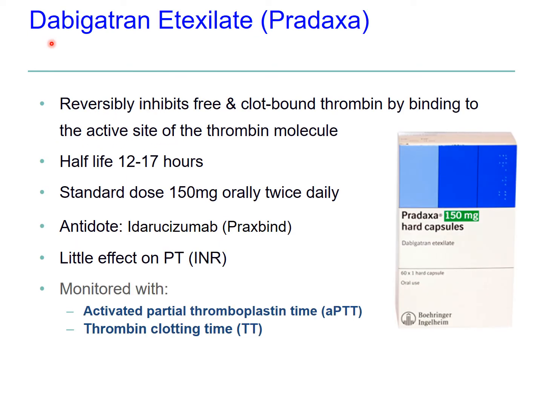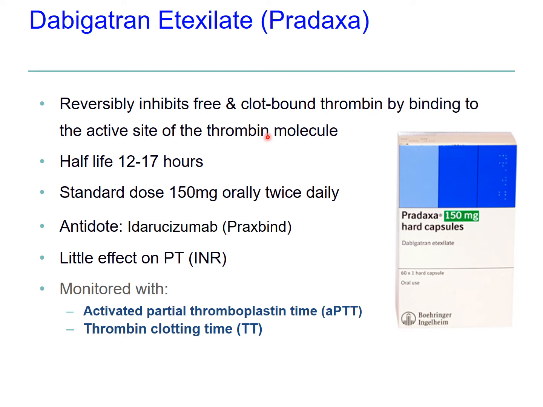Next, we shall discuss 3 anticoagulant drugs which are recommended by NICE for the management of atrial fibrillation. These include dabigatran, rivaroxaban, and apixaban. Dabigatran exerts its anticoagulant activity by binding reversibly to thrombin, thereby preventing its activation.